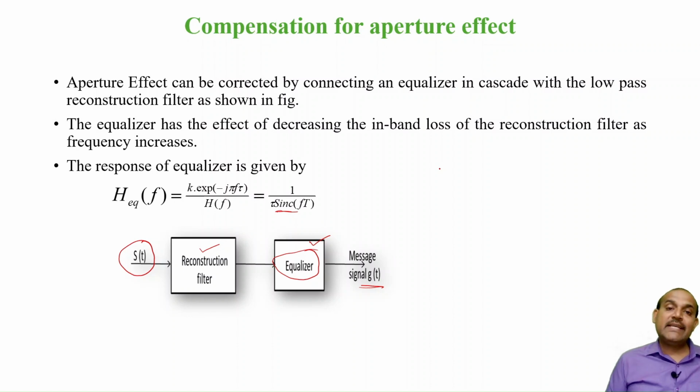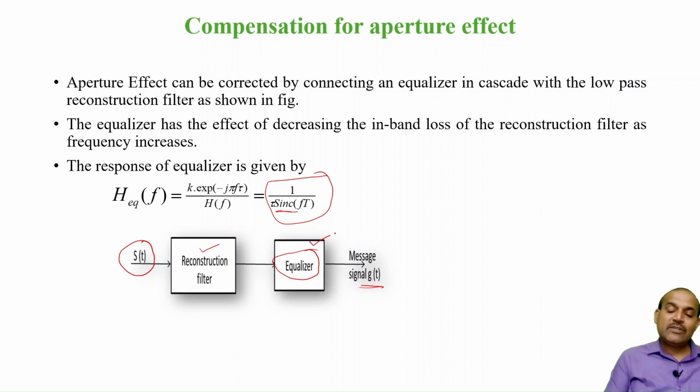We understood what pulse amplitude modulation is and how it can be represented mathematically. The distortion in pulse amplitude modulation is the aperture effect, and to compensate it we use an equalizer after reconstructing your signal, where the characteristic of the equalizer is inversely proportional to the sinc function.